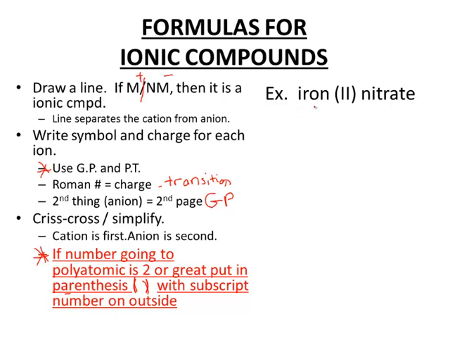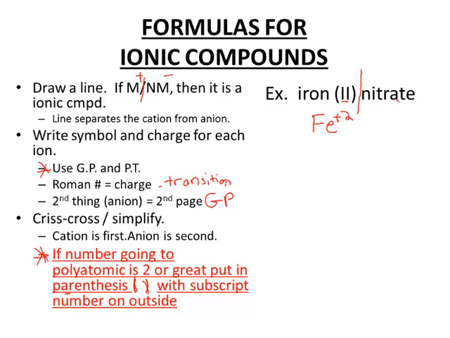So here's our practice problem. Iron 2 nitrate. Draw a line between the two. If it's a metal plus and a nonmetal minus, then we're good to go. Iron to begin with is Fe with a +2 charge, given to us by that Roman numeral. Nitrate is not an element, it's a polyatomic ion.